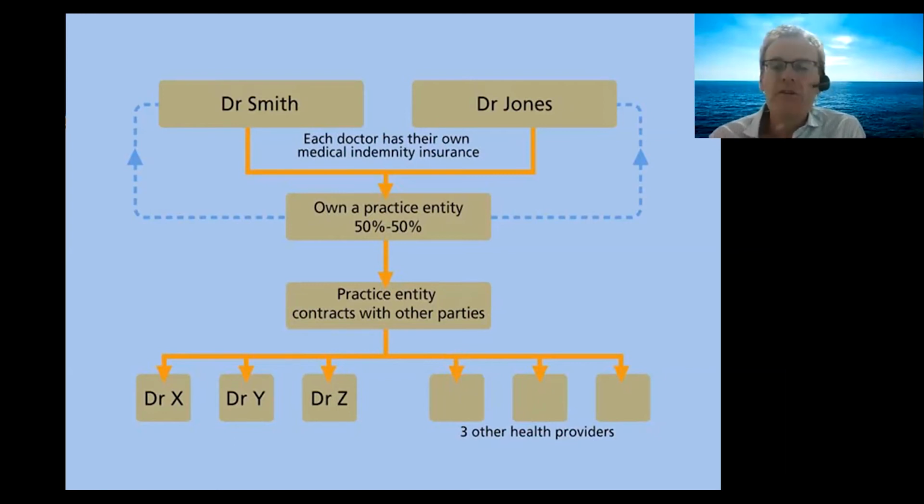Quite right, they may be treating the patient, but they might be utilising your staff, and therefore you are also responsible for the actions of your staff. So that doctor's patient may sue or may come back to the practice for the issues that they have. It may be a breach of privacy, as an example, where Dr. X is obviously not necessarily responsible for the breach of privacy from the staff member that you engaged.